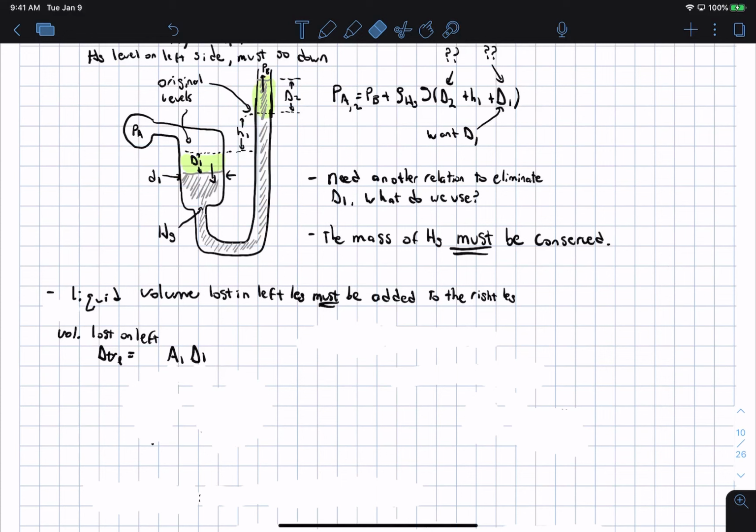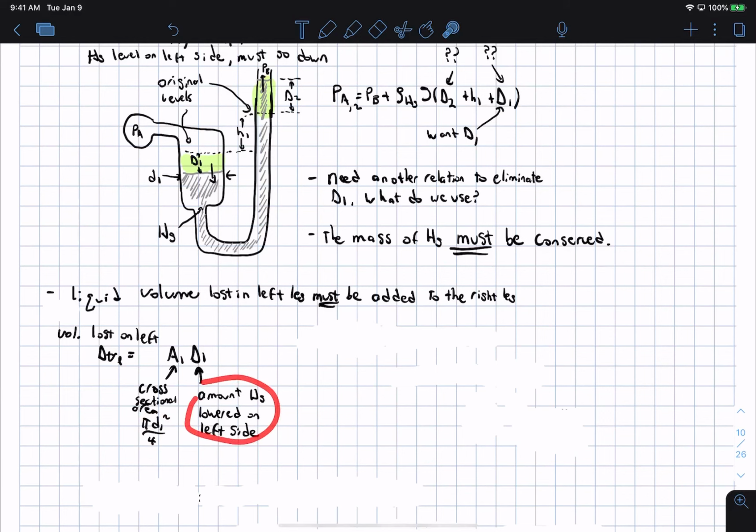Okay, and the cross-sectional area is pi over 4 d1 squared, and this is the amount that the Hg moved down on this side because we've bumped the pressure up. That is the volume of this green shaded region here. Now, I need to equate that to the volume of the green shaded region on the right.